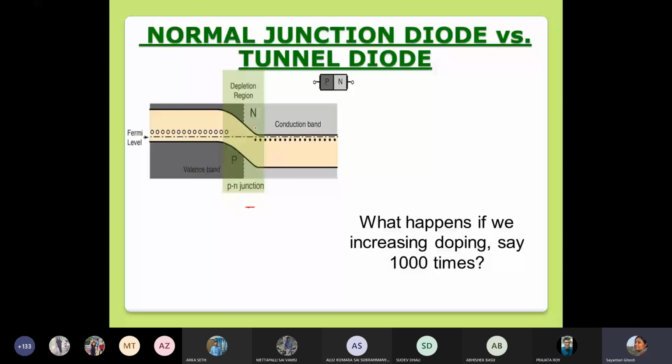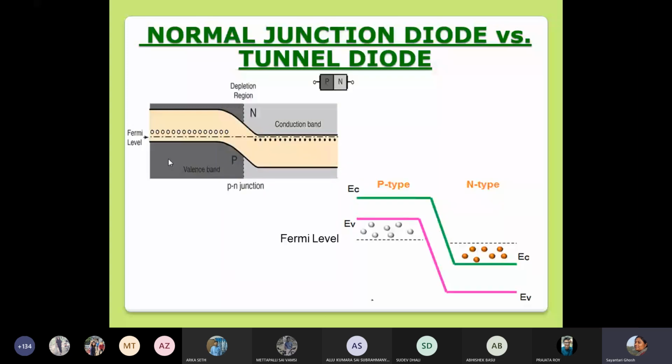So there is no other way, right? That is the only way that I can maintain the equilibrium, as I am going to a crazy level of doping where the doping is really high. Then what is supposed to happen is something like this. So this is the band diagram in case of a really highly doped p-n junction like a tunnel diode. This is the top of the valence band, but the Fermi level is inside that.